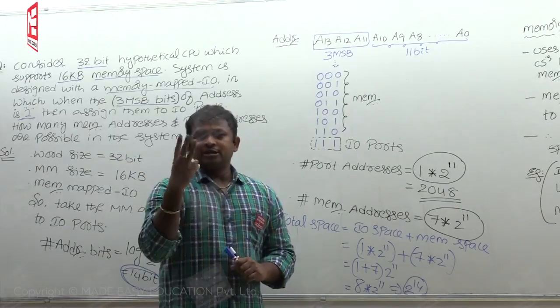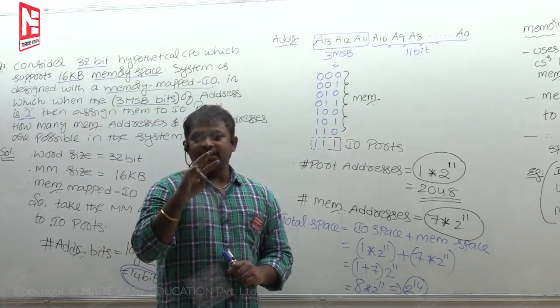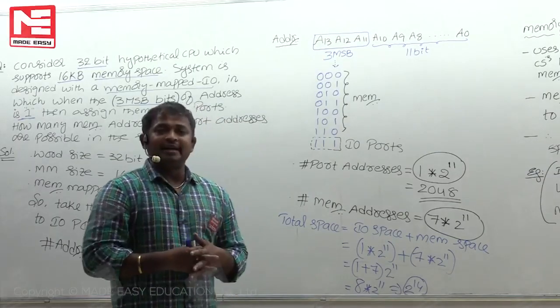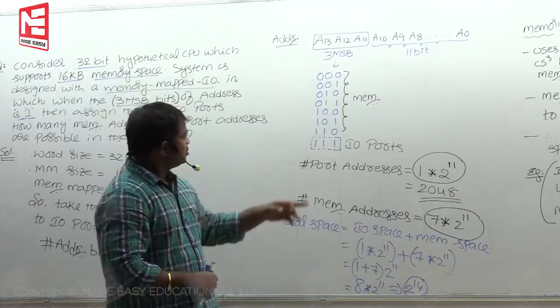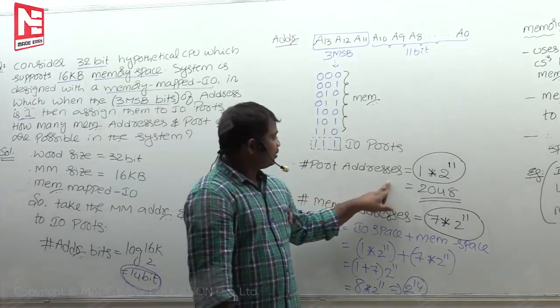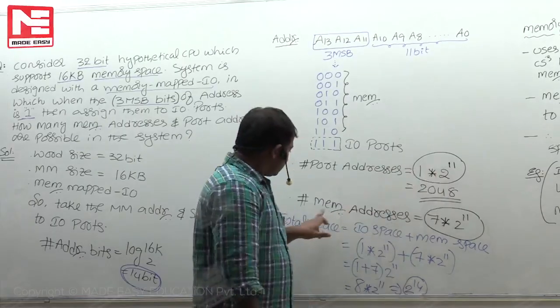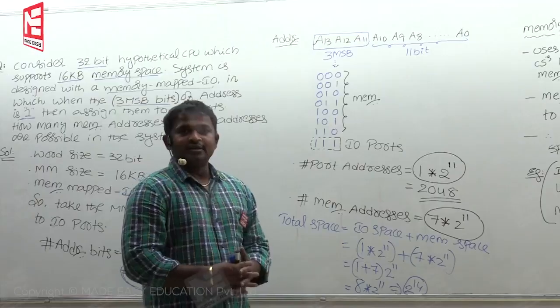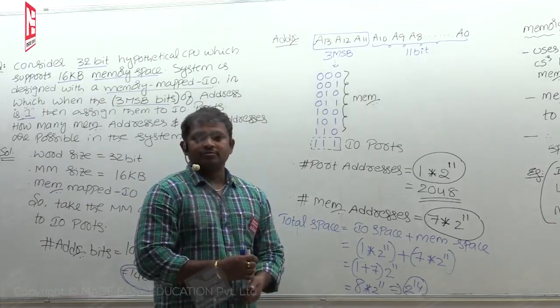If the 3 MSB bits of the address status is 1, then such combinational addresses are used for ports. So this is the answer. Number of port addresses is 1 into 2 power 11. Number of memory addresses is 7 into 2 power 11. Like this, we can answer the question based on the concept.